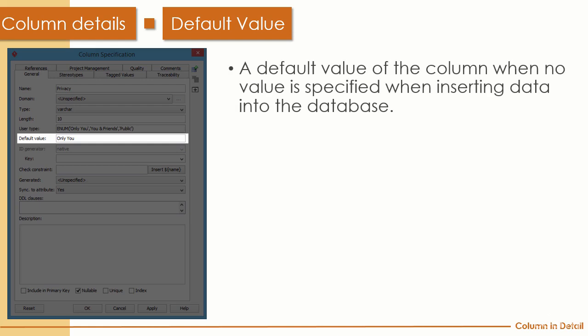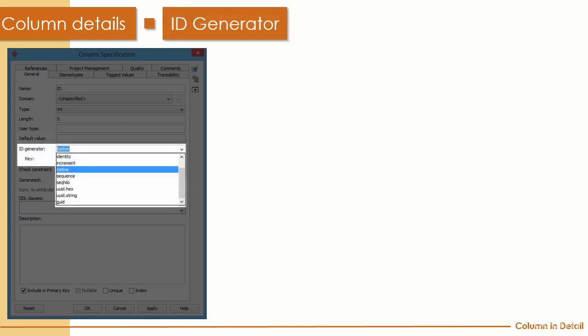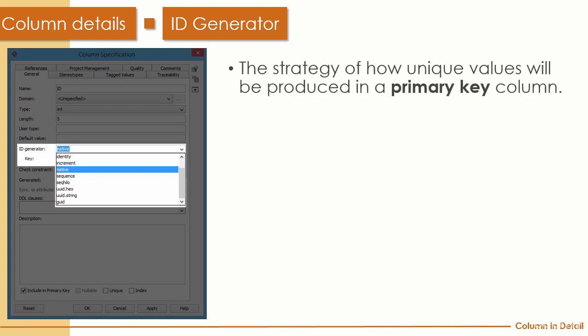The default value is used when you insert data into this column and you don't specify the value, then it will be set automatically for you. And then the ID generation. The ID generation property is for you to select which strategy you want to use to produce the primary key column.